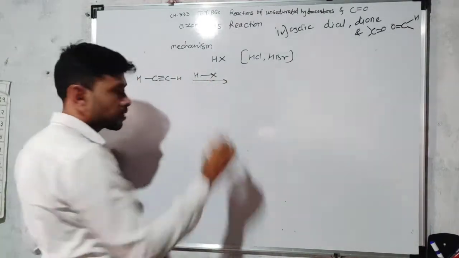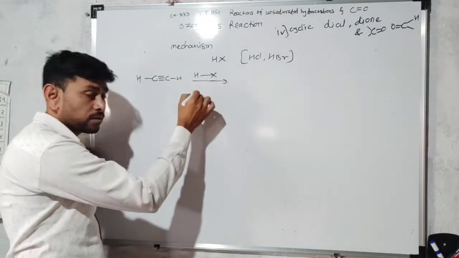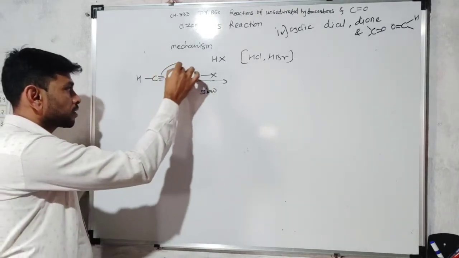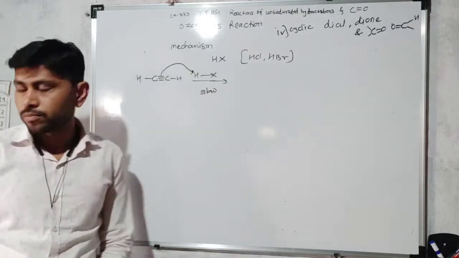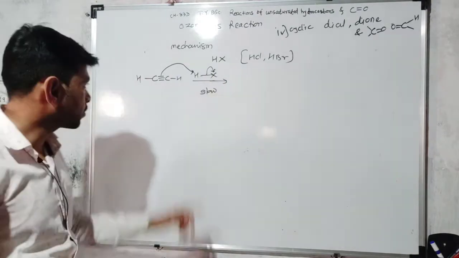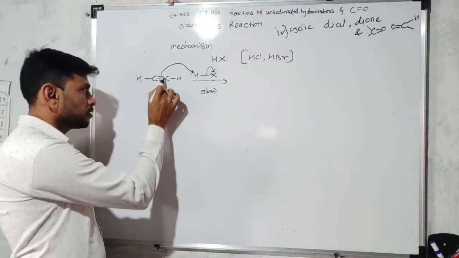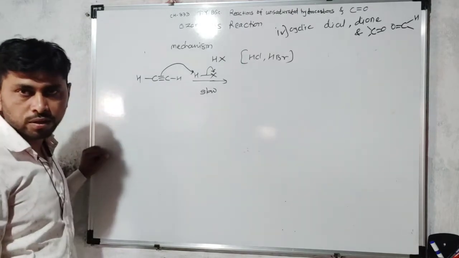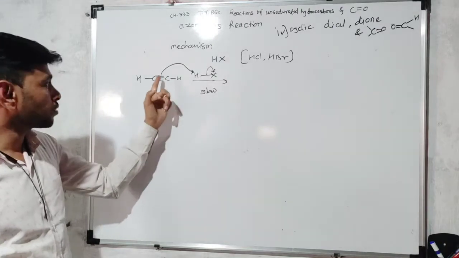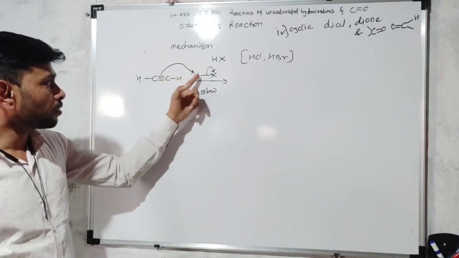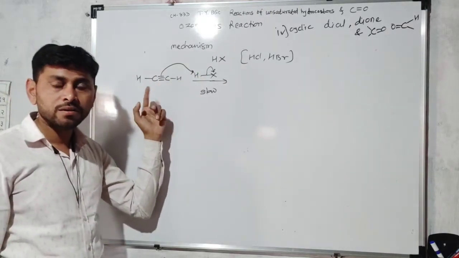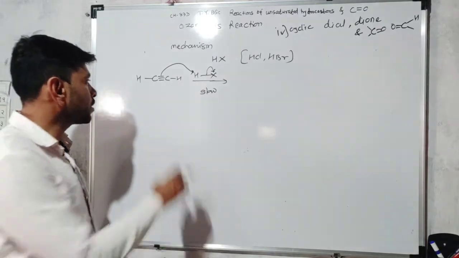When it reacts with HX, the first step is a slow step where the carbon-carbon triple bond attacks this proton, this hydrogen, with removal of X minus. The electron density of the pi bond transfers, and this hydrogen attaches to one of the two carbons, leaving the other carbon with a deficiency of electrons.